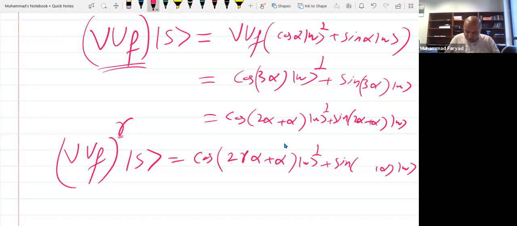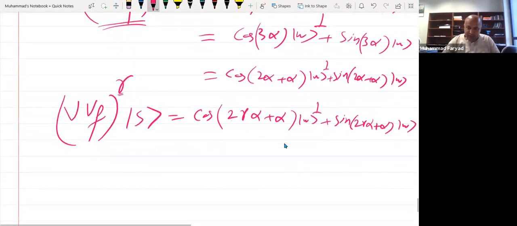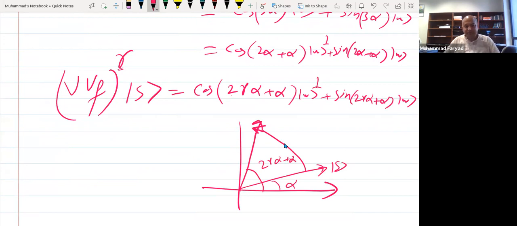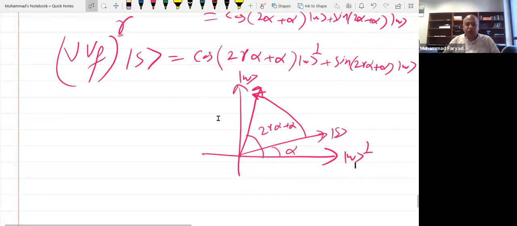So it means that after R applications, our state S went from making angle alpha to a state that makes an angle 2R alpha plus alpha with the omega perpendicular axis. And we can now work out what R should be.